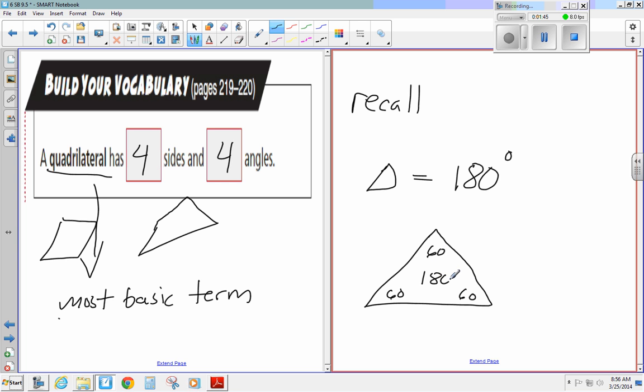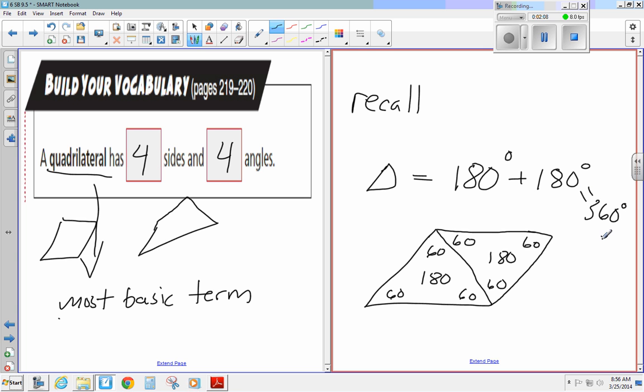Altogether, that's 180. Now, you get a quadrilateral by putting 2 triangles together. So there's another 60, another 60, and another 60. When you add all of those up, it's 180. And 180 plus 180 gives us 360 degrees for a quadrilateral.